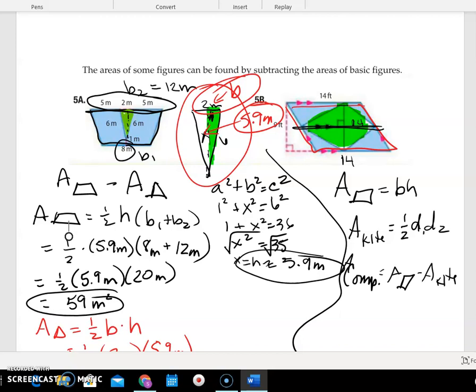And then we'll need to find the other diagonal. I guess the other diagonal would be 9 then, because it's the same as the height. So you've got your base and your height of your parallelogram, and you've got the diagonals of your kite there.